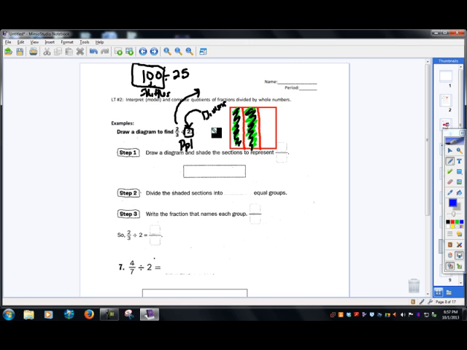I just take a big knife and cut it. What this represents is one friend. This probably looks completely ridiculous to you right now, but I promise you, after we do a couple, the light bulb is going to come on.